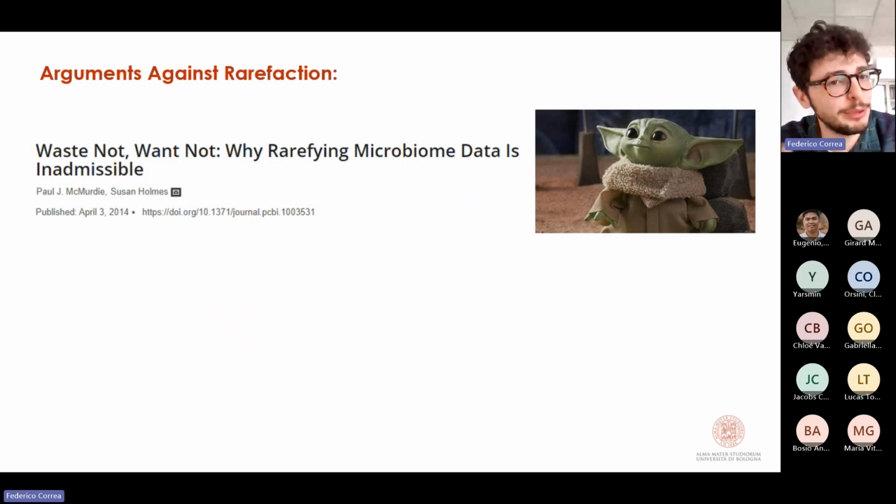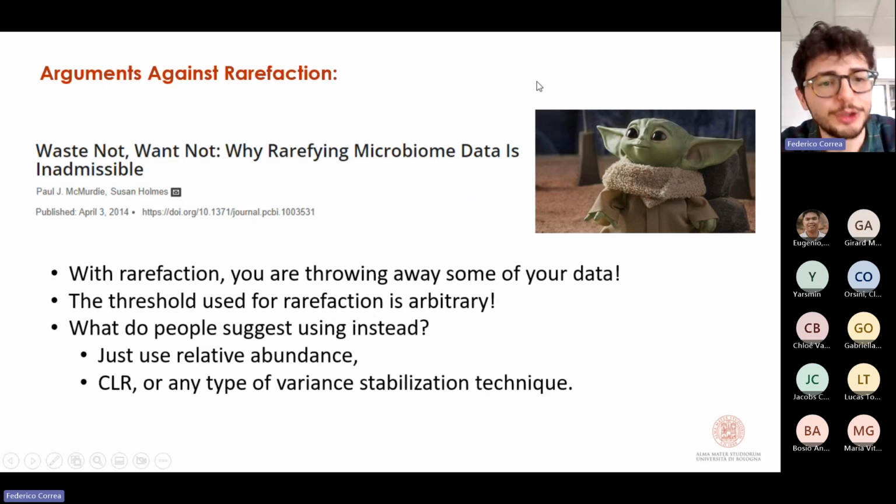The usual comment is, no, you should not do it because you're throwing away some of your data. Because as I told you, with rarefaction, we are reducing the number of sequences in our sample by doing random subsampling. The size of the sample that we are creating is dictated by the sample with the lowest depth, with the lowest number of sequences. And people say, okay, but this threshold is arbitrary.